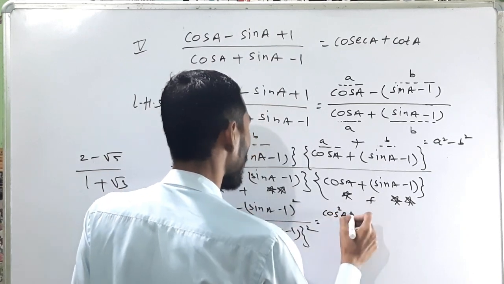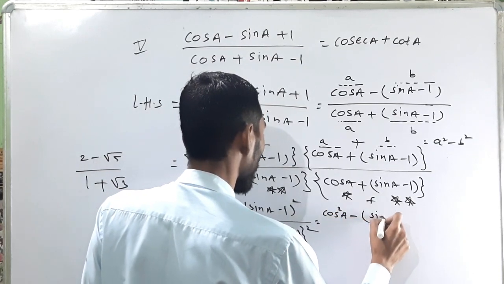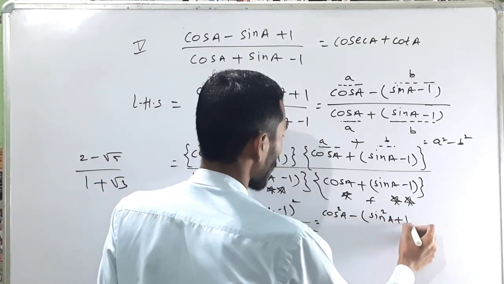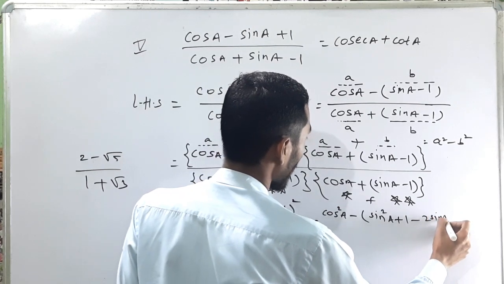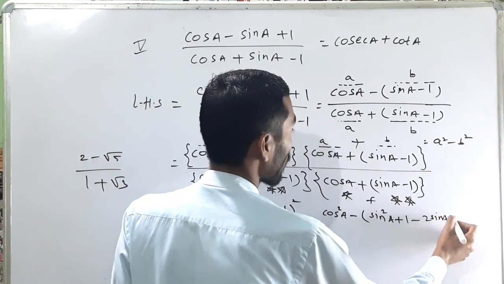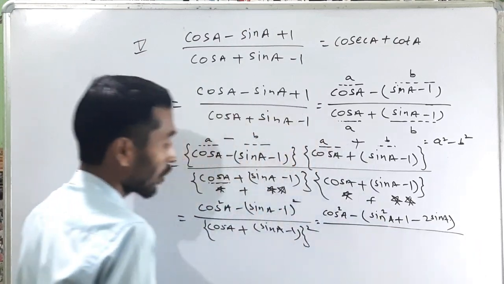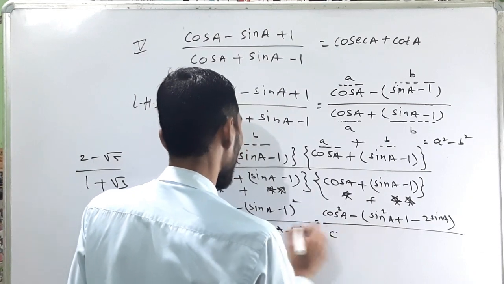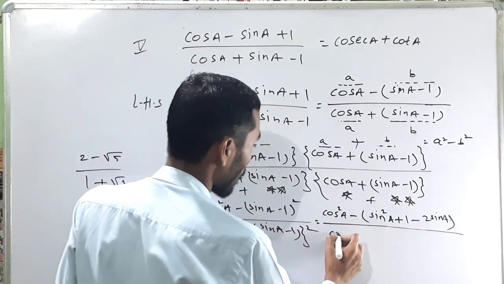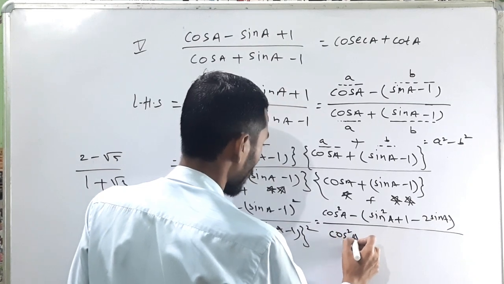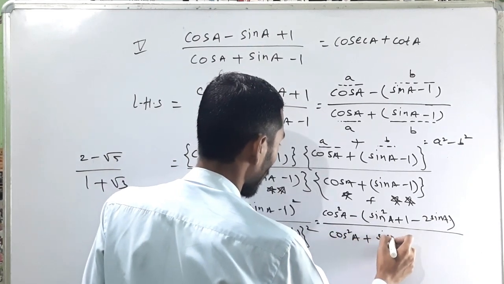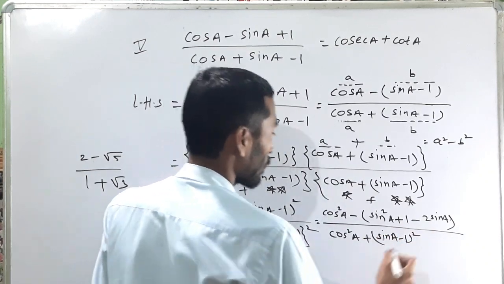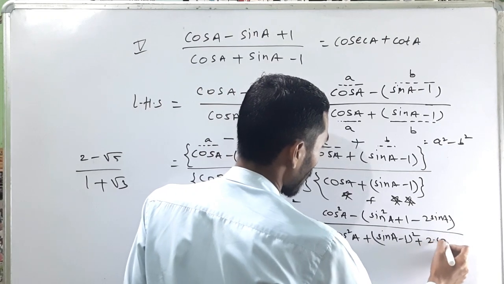Cos square A minus sin square A plus 1 minus 2 sin A into 1, and in the denominator A square plus B square, the square of A plus B, so A square plus B square plus 2ab.